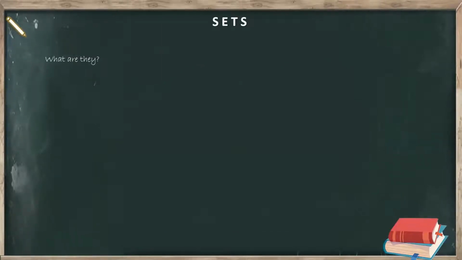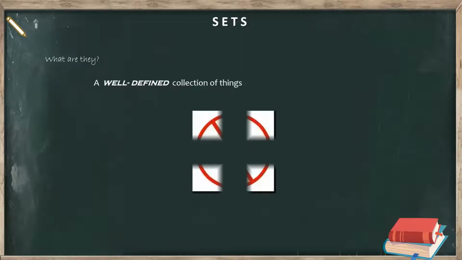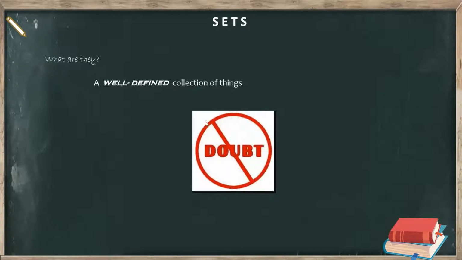Yes, a collection of things, but a well-defined collection of things. That is where sets differ from the common usage in English. In mathematics, if there is a well-defined collection of things, then there is no doubt and there's uniformity. For me, it will be the same. For you, it will be the same, because the definition is the same.